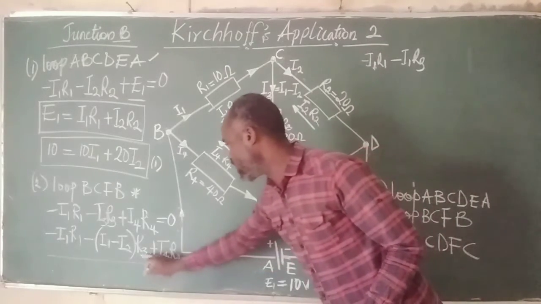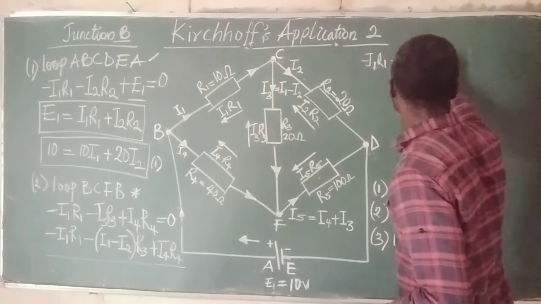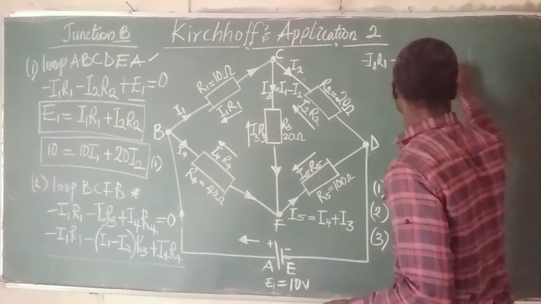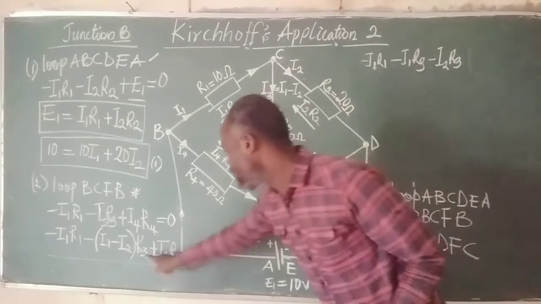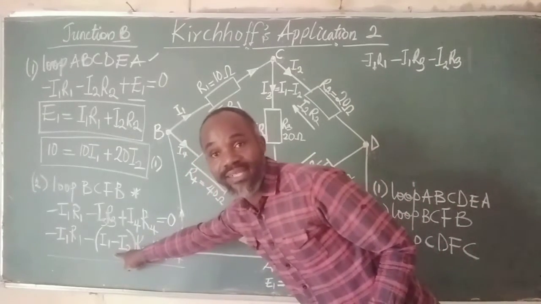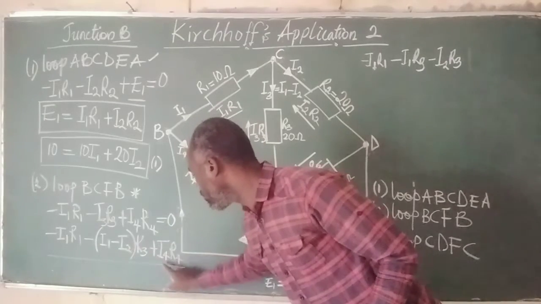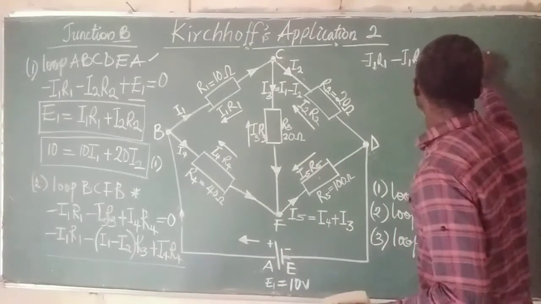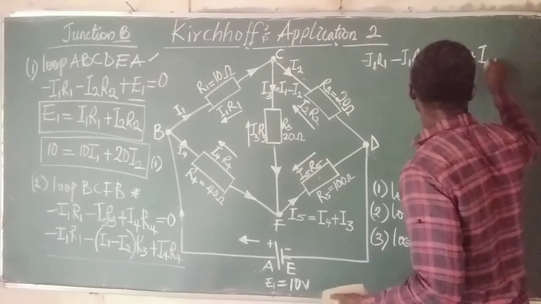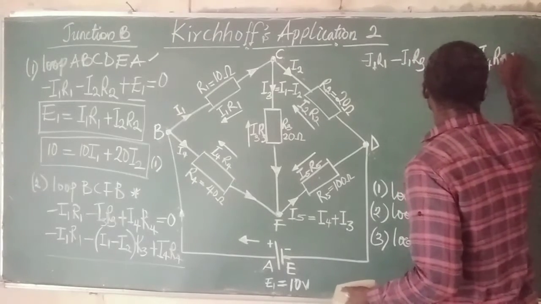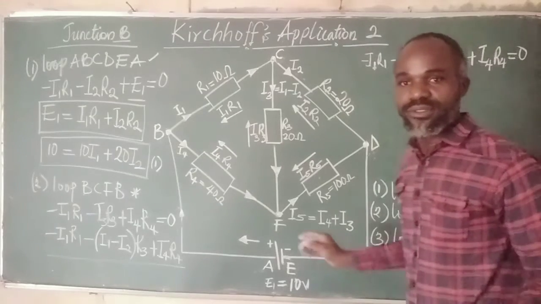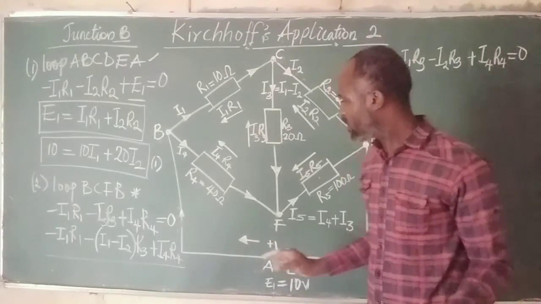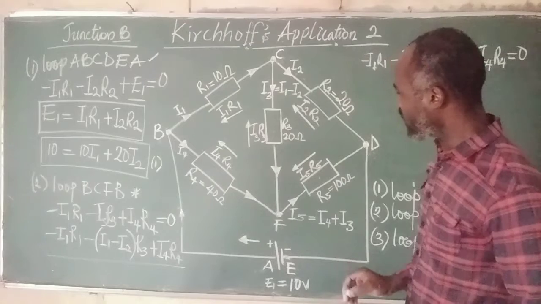It multiplies this again, it's going to give minus I2 R3, good. So in that order, we are done with opening the brackets, right? The next thing we need to do is to put back, we retain our current 4, and then resistance 4, all equal to 0. Good. That's all. That is what it should be.